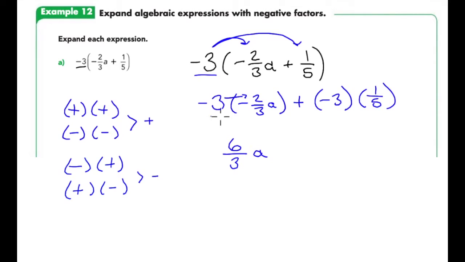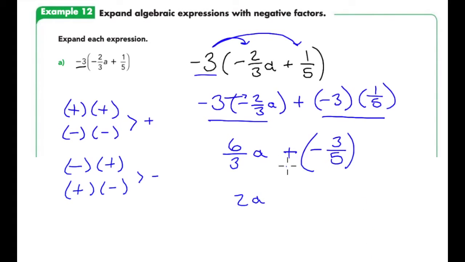So for this first part, we had a negative times a negative, so that'll stay positive. Plus, on our second part of expanding, we have a negative 3 times 1/5. That would become a negative 3 over 5, or a negative 3/5. 6/3 could reduce to 2a.